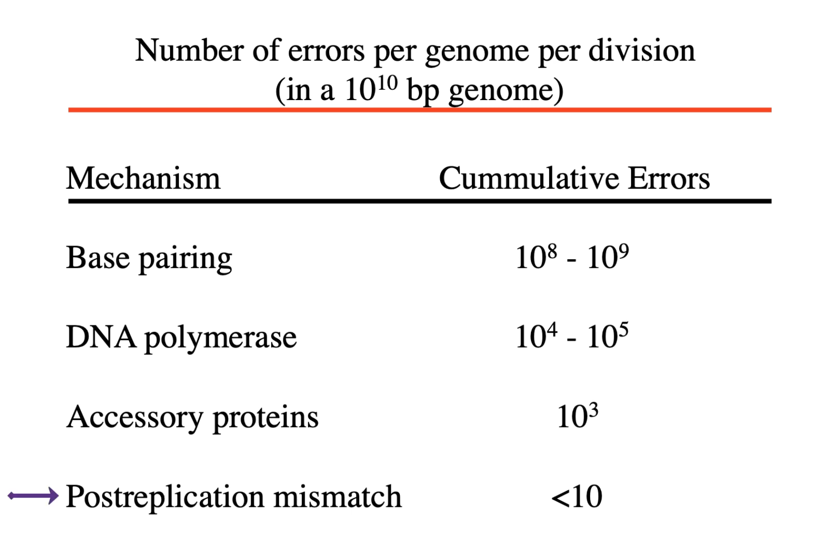But then if you add the repair mechanisms down here, you get that down below 10 mutations per replication cycle. Still not zero. And remember, you don't want it to be exactly zero, because mutations got us to where we are now, right? The evolutionary systems got us to where we are now.